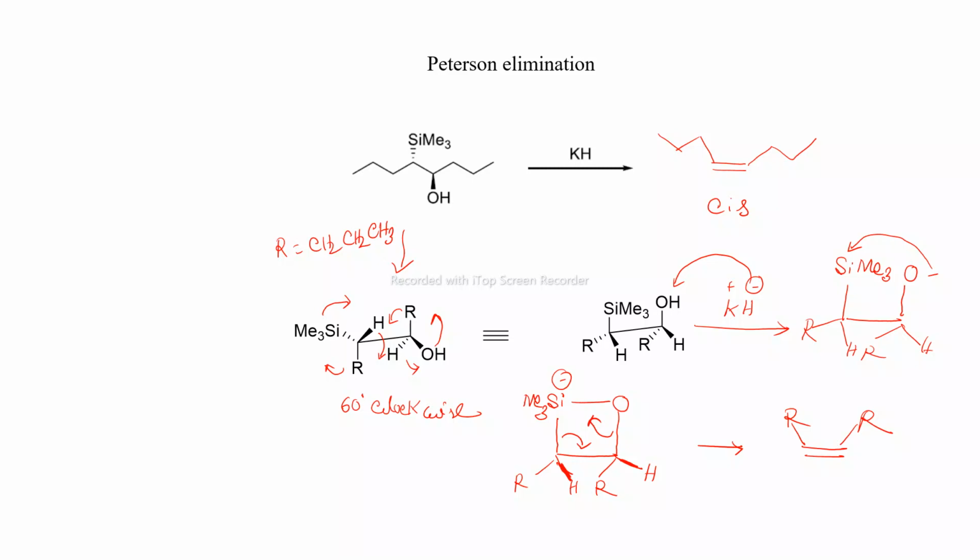Can you tell me how you differentiate between these two? Suppose they frame one question, and in the next year they give the same question and they write this is the cis product and one is the trans product. How do you differentiate these two, whether our product is cis or trans, using NMR?